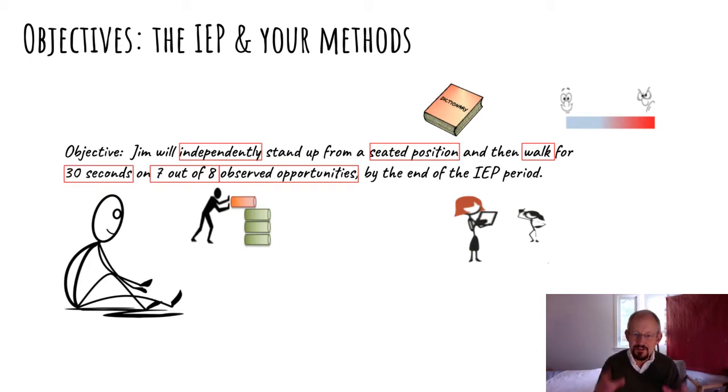I need to specify in my method that it's 30 seconds of continuous walking, and if he pauses for any reason, I count that as not having achieved the target objective. So in the 7 out of 8, if he gets up, walks for 10 seconds, stops for 20, and walks for another 20 seconds, he walks cumulatively for 30 seconds, but it's broken up. That does not count as having achieved the conditions I set out on that opportunity.